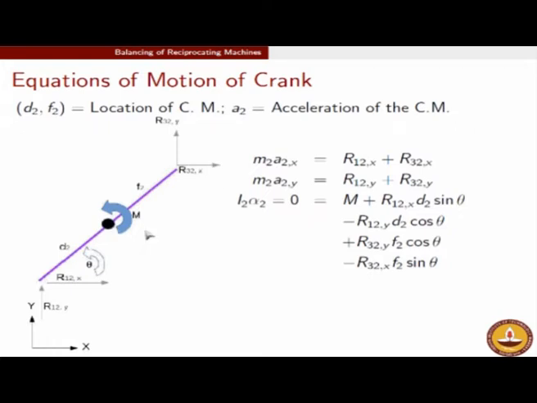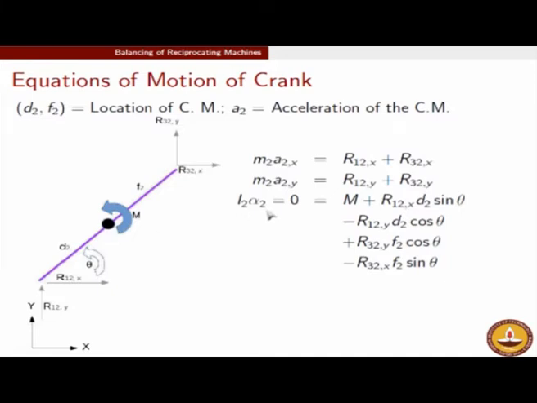So the acceleration of the center of mass in the x direction multiplied by the mass of the crank should be equal to the sum total of the forces along the x direction, which is R12,x and R32,x, right. Similarly, mass times acceleration along the y direction should be R12 in the direction of y plus R32 in the direction of y. And lastly, the moment equilibrium. So I2 is the polar moment of inertia about the center of mass of this crank.